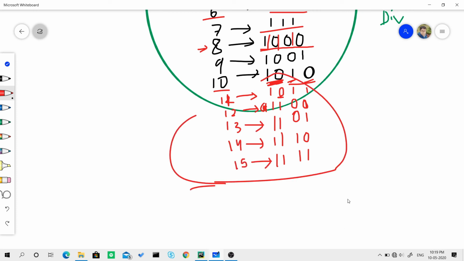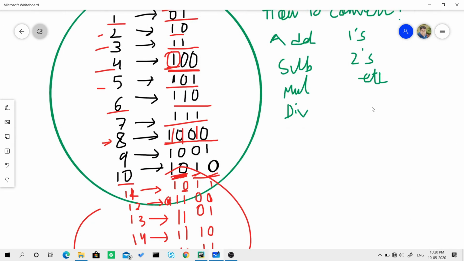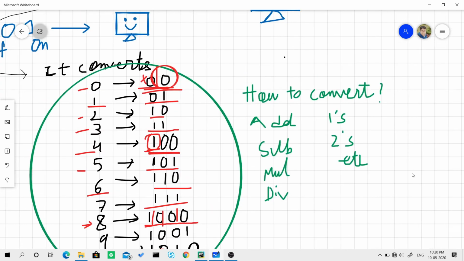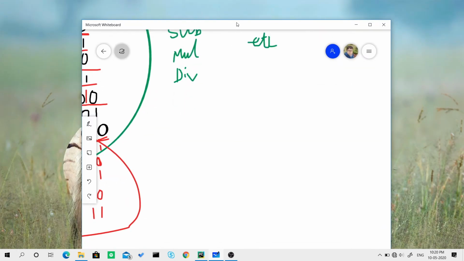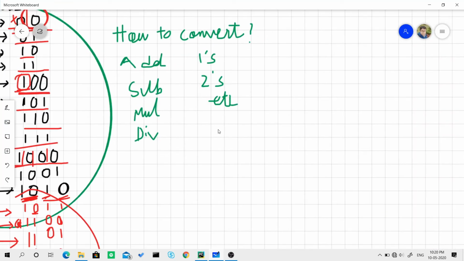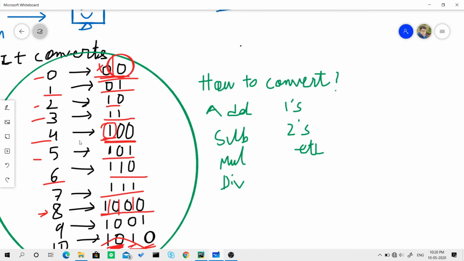This is the binary number system, and this will be a series. First we did what a binary number is, and now we will go to how to convert decimal to binary, and also vice versa.